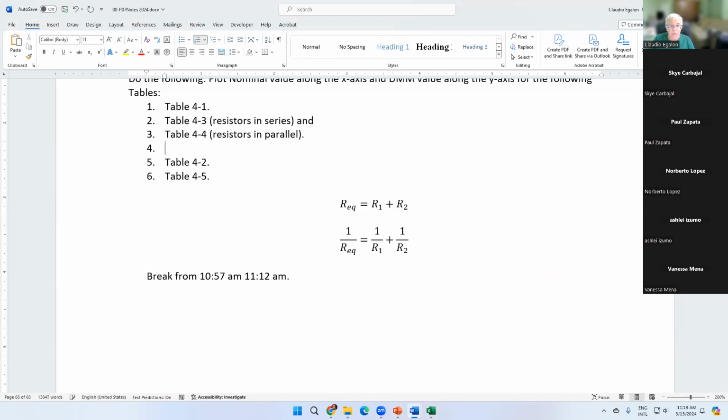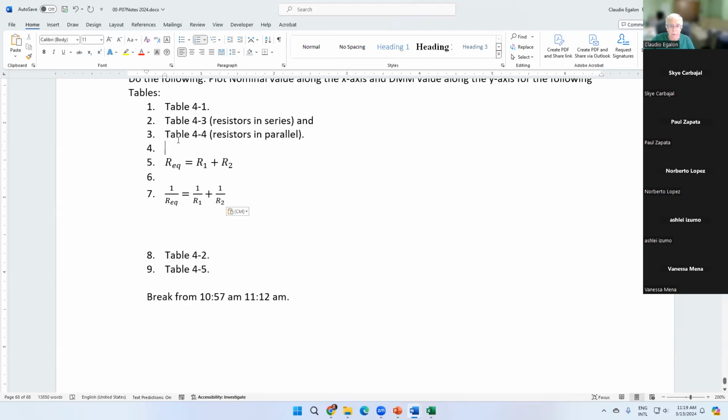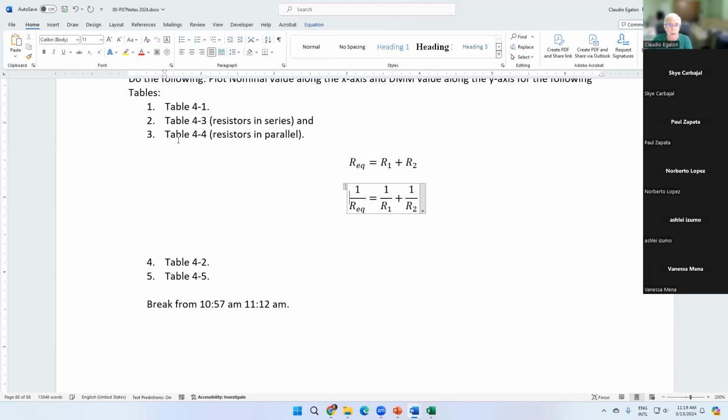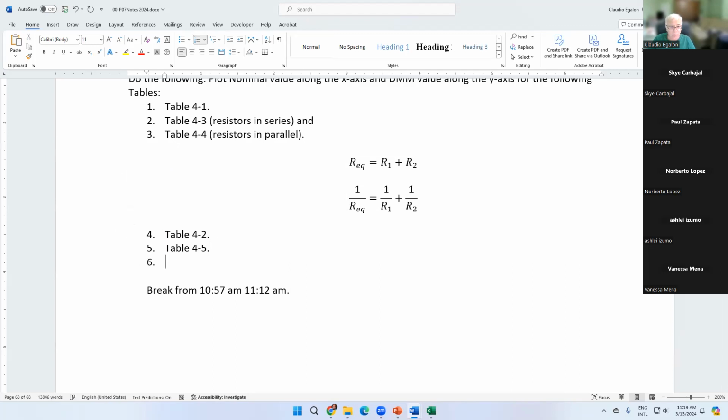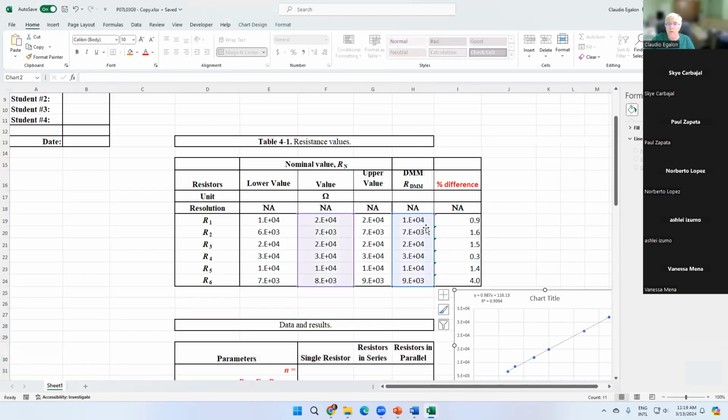Okay, 4-2, 4-5. Next, what I suggest you to do is fill up the units. And just recall, don't forget, units here, here, here, and here, right?